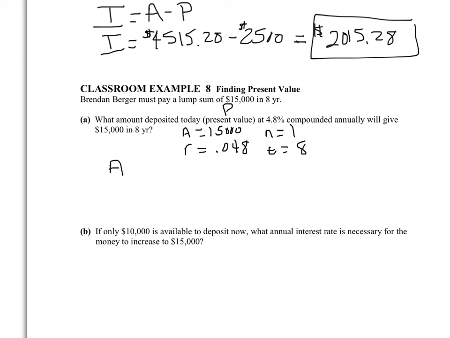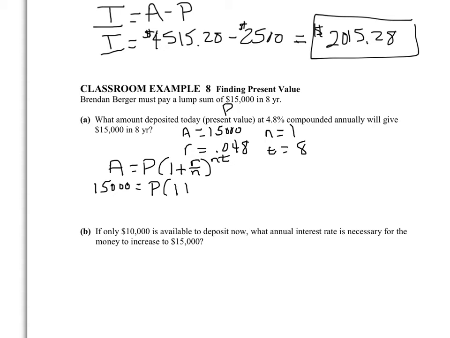Now, let's go to our formula. A equals P times 1 plus R divided by N, all raised to the N times T power. And we're going to plug in the parts we know. We know A is 15,000. We're looking for P, so I'm going to leave P as a variable.